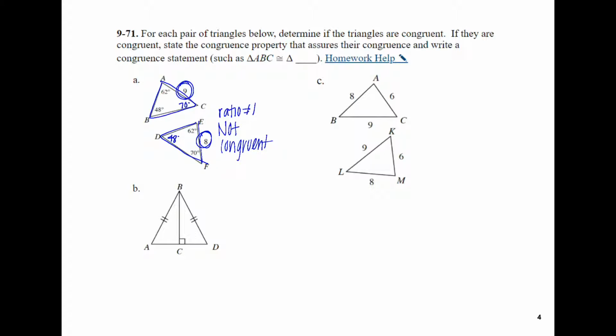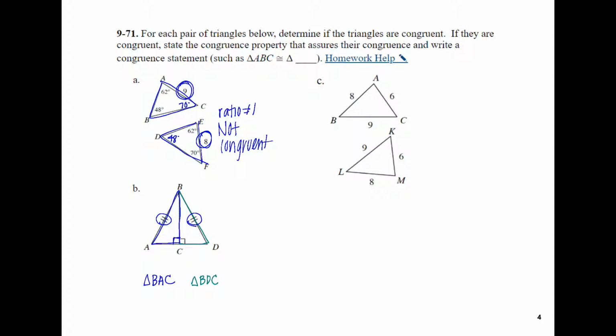Looking at letter B, we have triangle BAC and triangle BDC. We know that these triangles have congruent sides or hypotenuses.